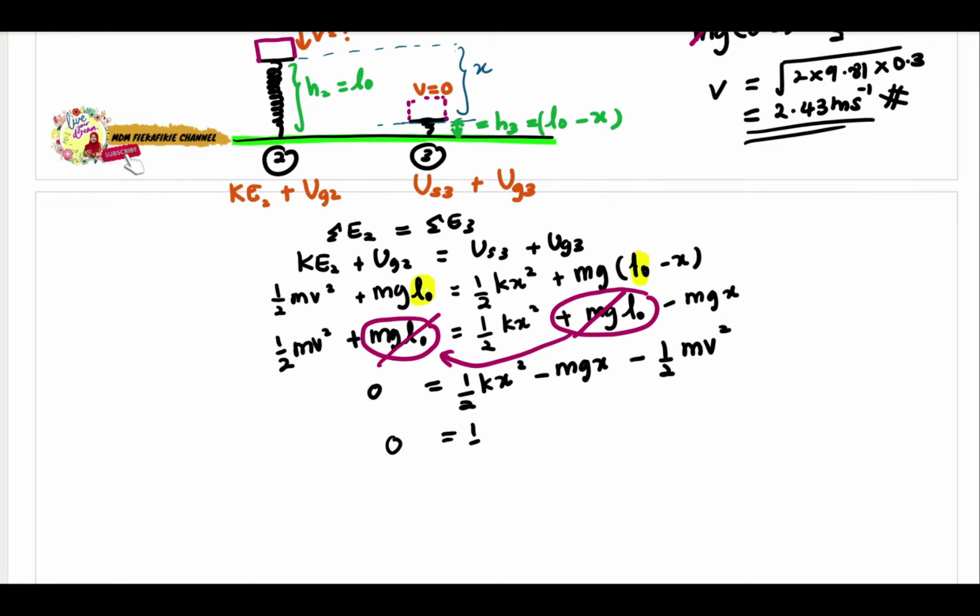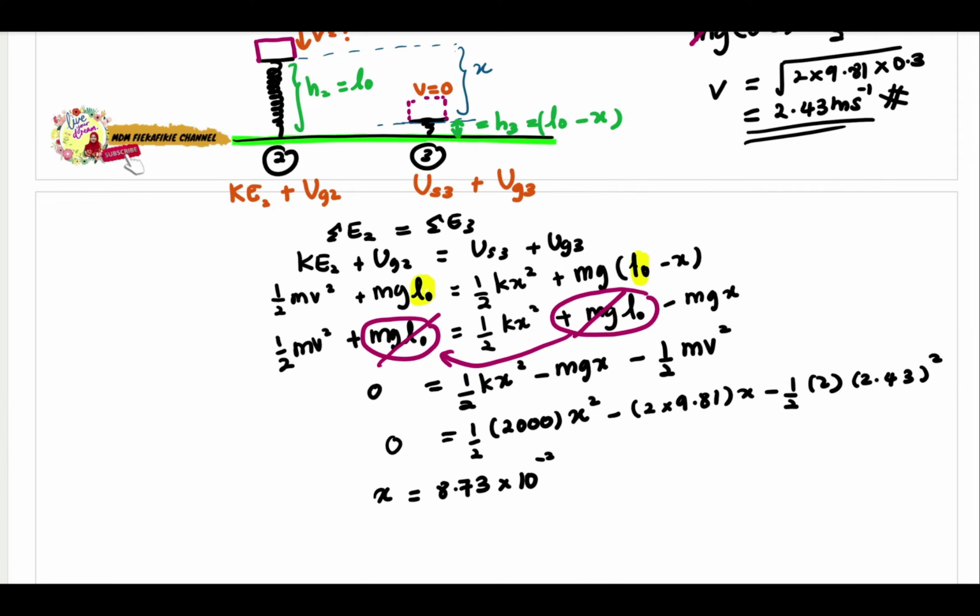So, half k dia adalah 2000 tadi, x squared minus mass is 2 kg, 2 times 9.81 x minus half 2, and then v tadi kita dah kira in part A, 2.43, squared jangan tertinggal. And then finally you akan dapat x awak adalah 8.73 times 10 power of negative 2 meter. So kita akan dapatlah berapa nilai compression of the spring.